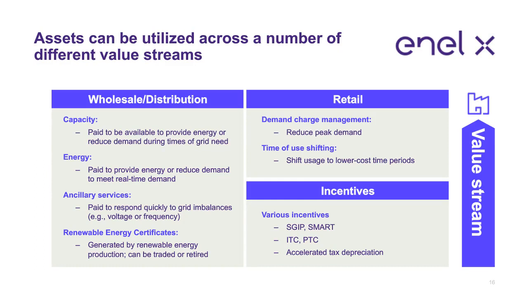Behind the meter being any sort of asset that is located at a business's facility. And so all of these value streams can typically be accessed for behind the meter, and then the retail component would not apply for front of the meter assets. So that kind of gives a lay of the land for the markets where grid services could apply, the assets, and the value streams.